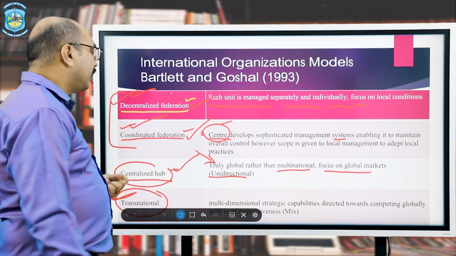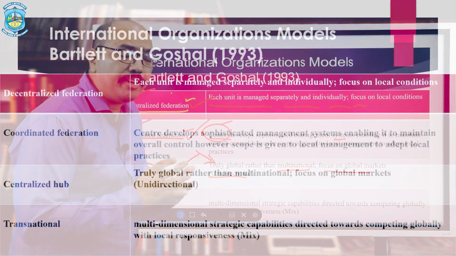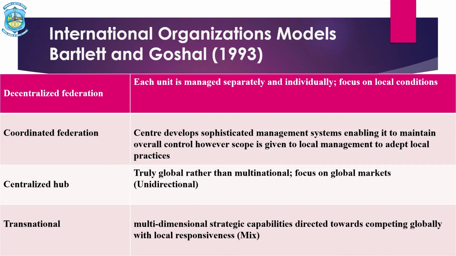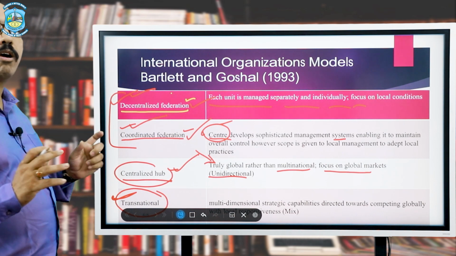At the same time, if the need calls for complete independence or local level management of HR, then even that kind of flexibility is there. So essentially it is characterized as a multidimensional strategic capability directed towards competing globally with local responsiveness. That is the key feature of this particular type of model.